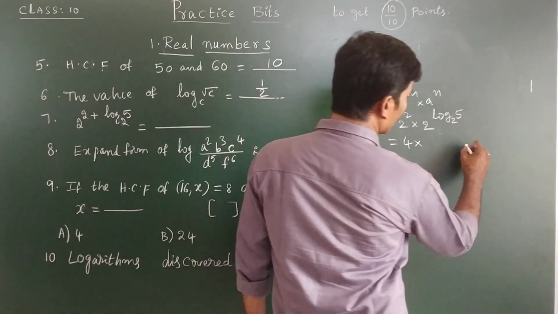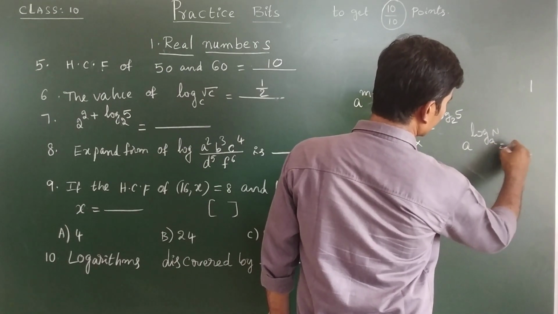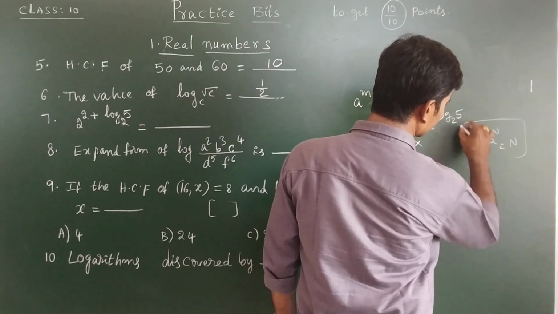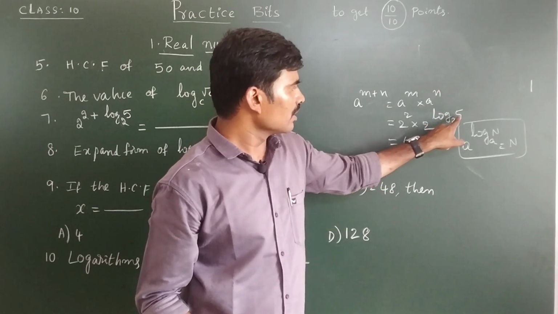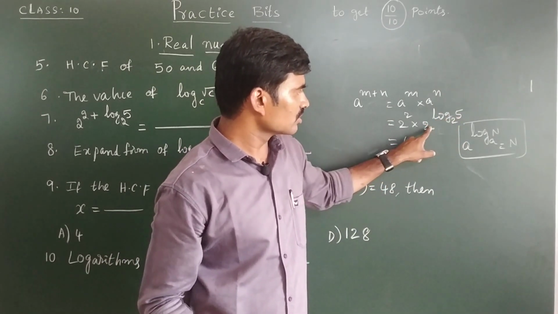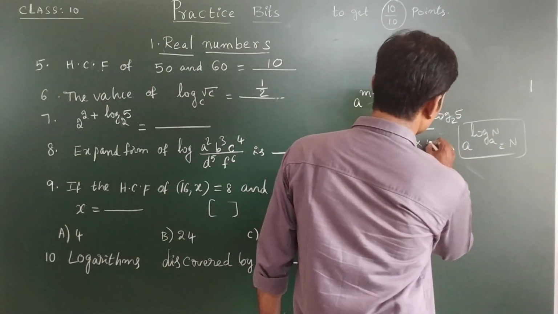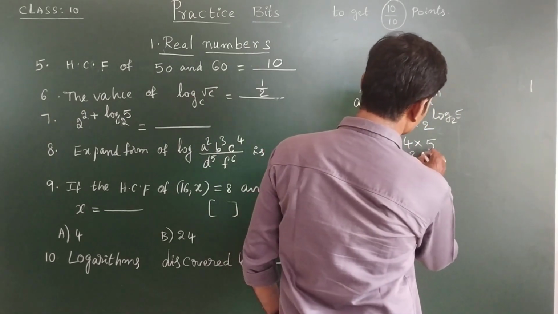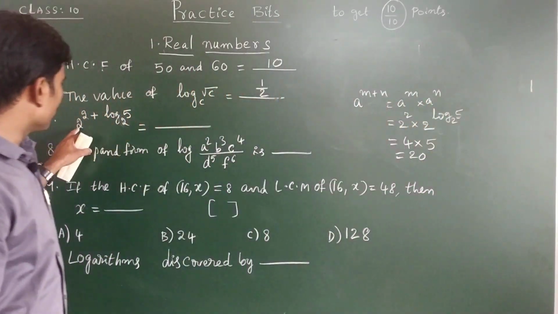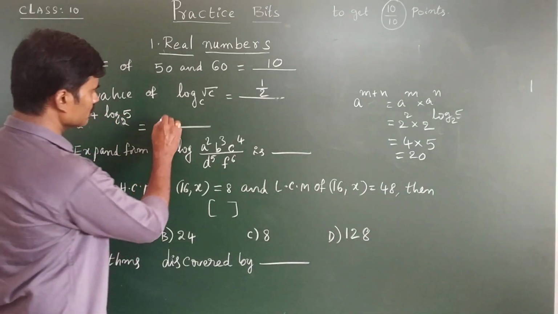It is in the form of a power log n base a, that is equal to n. This is the formula, same bases. So the answer is 5. So 4 into 5, that value is 20. So the value of 2 power 2 plus log 5 base 2 is equal to 20.